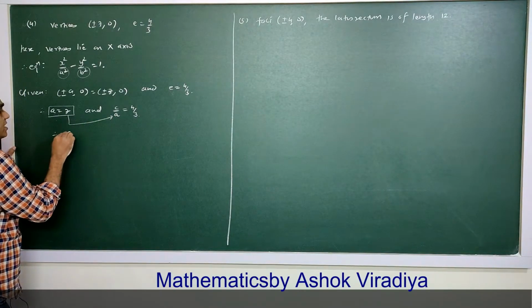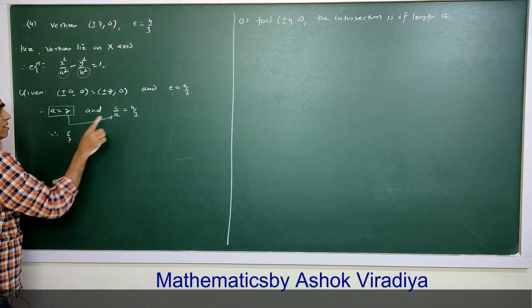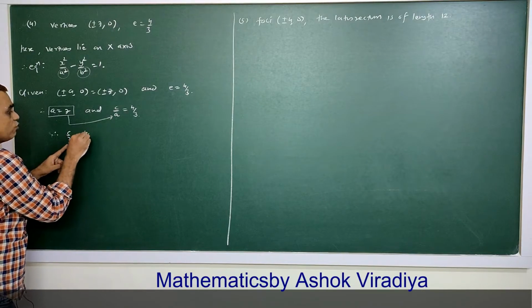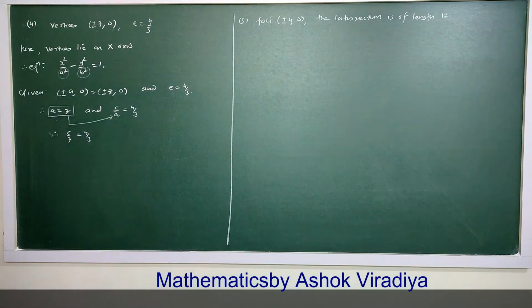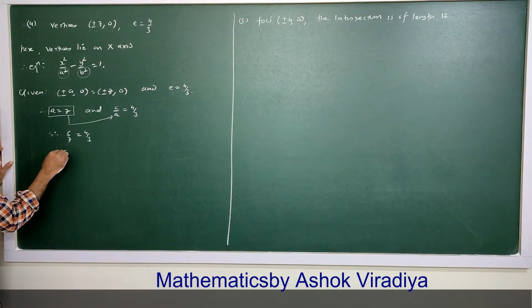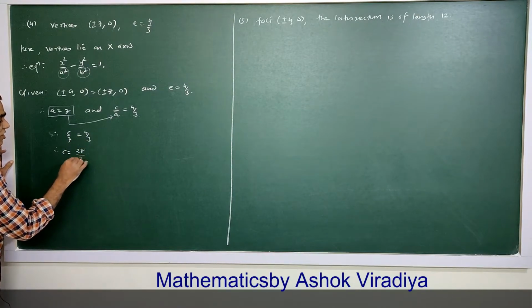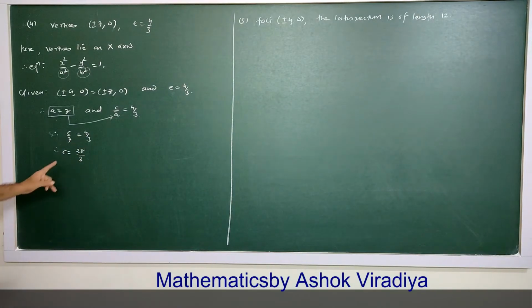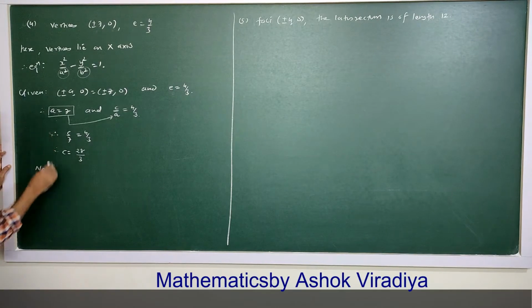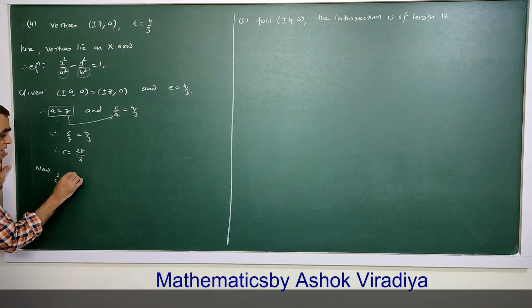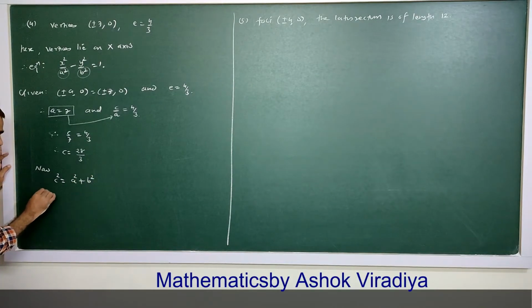So c by 7 is 4 by 3. Therefore, c is 28 upon 3. c is obtained, a is obtained. We can calculate b now. To calculate b from c and a, we use the result c square is a square plus b square.